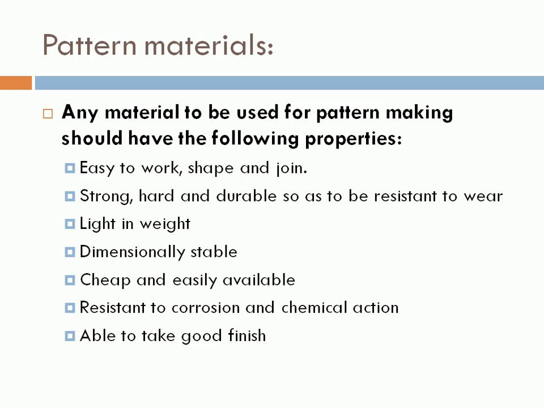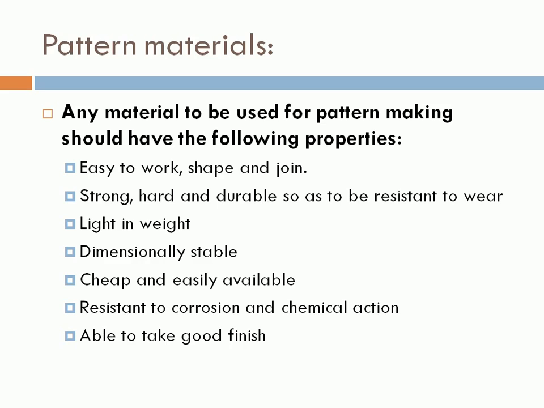Now pattern materials. Any material to be used for pattern making should have the following properties. Whatever material you use for patterns should show these properties, and then we can use it as a pattern material. It should be easy to work, shape and join.